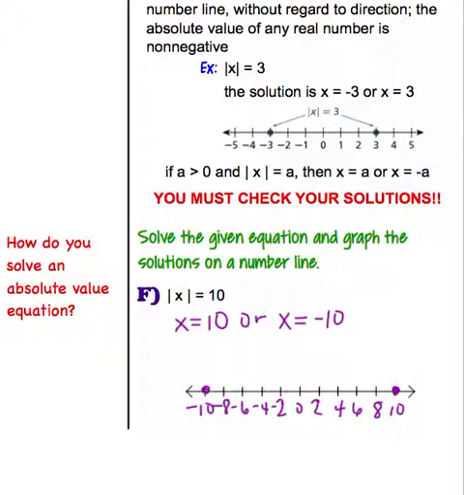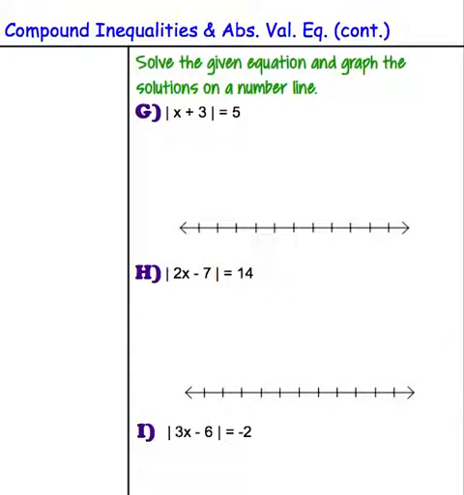If we go on to something a little bit more difficult, we've got a little bit more work here now. It's saying that the absolute value of x plus 3 equals 5. That means that x plus 3 is going to equal 5, or x plus 3 equals -5.